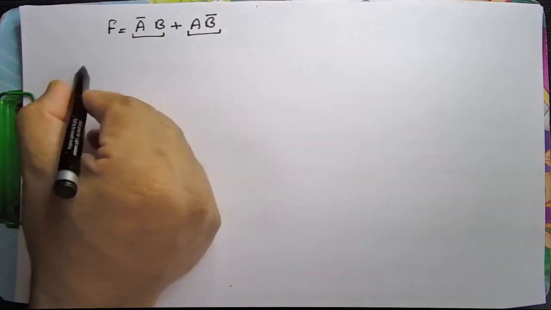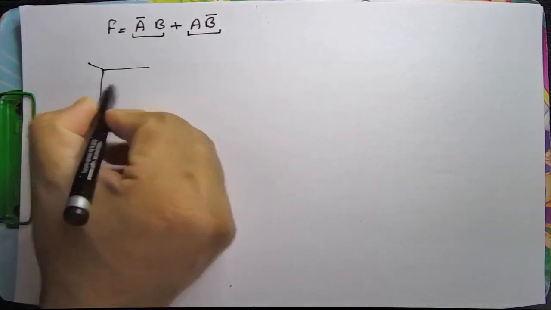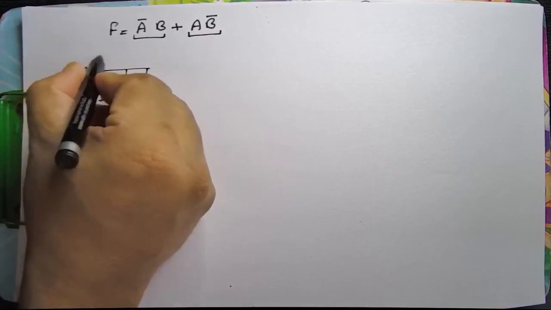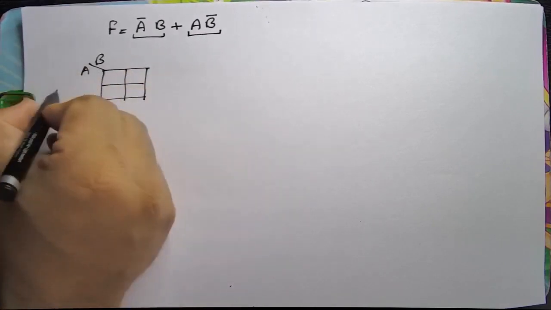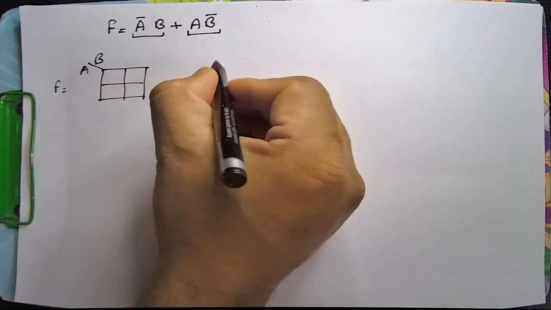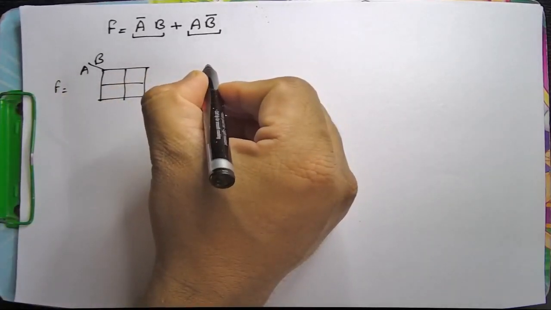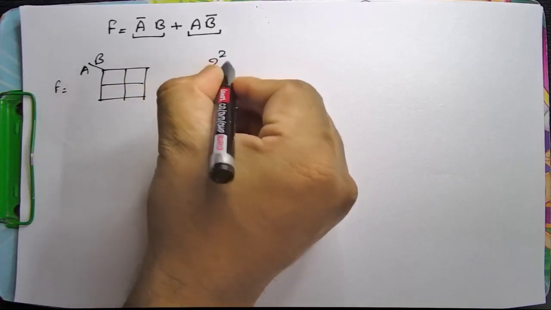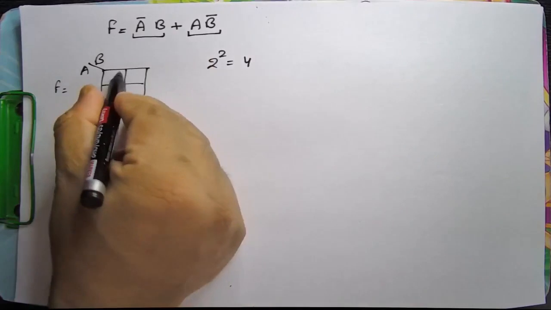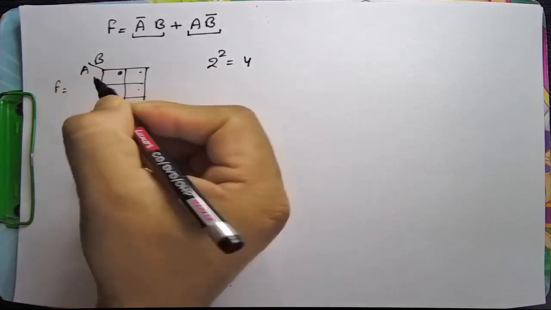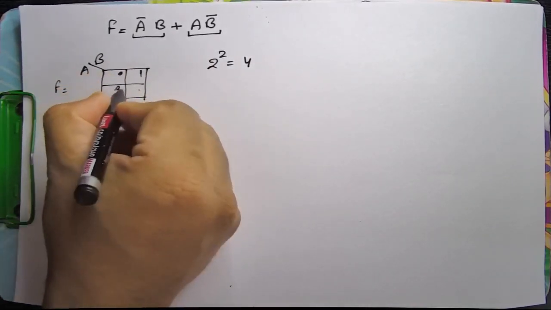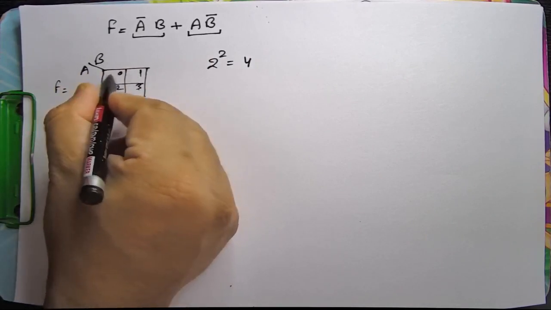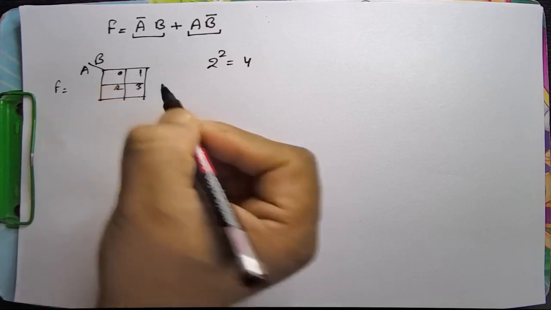That means we have to create a K-map of two variables, a and b. Obviously the number of cells for that particular function will be 2 to the power 2, that means 4. That is 1 2 3 4, the addresses of these cells being 0, 1, 2 and 3.